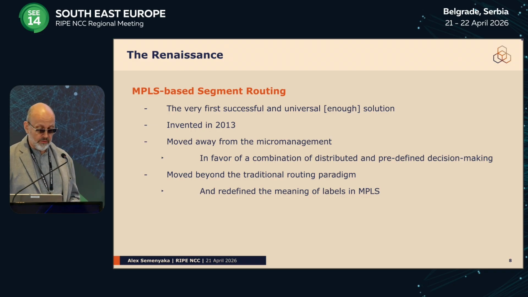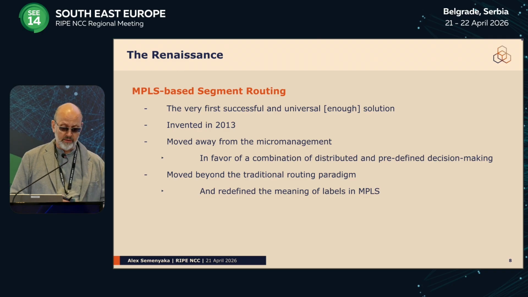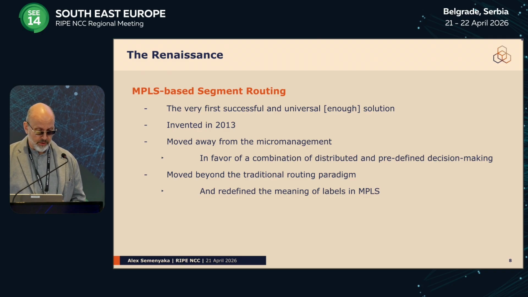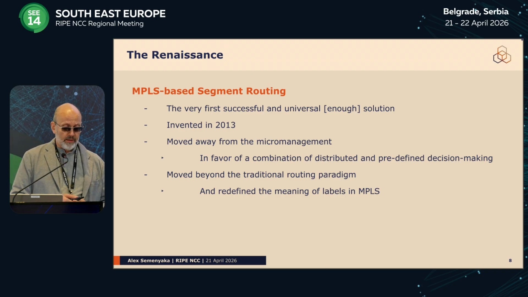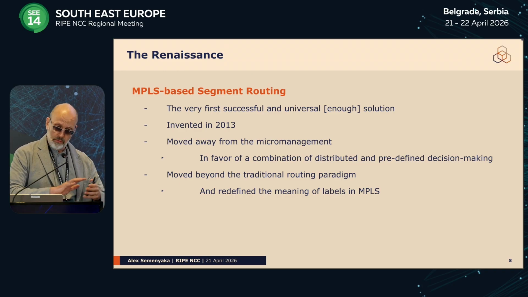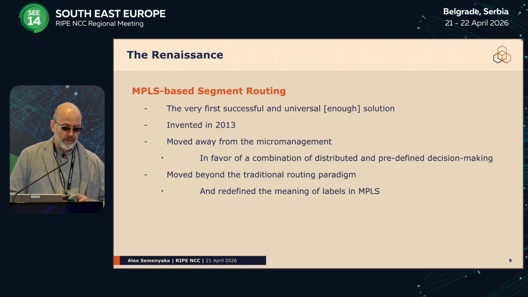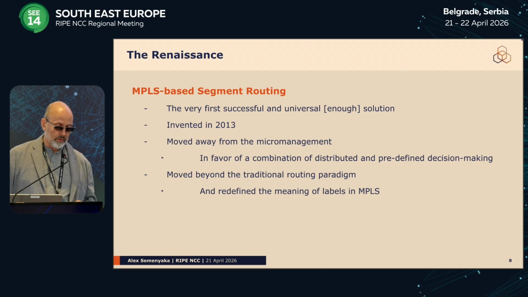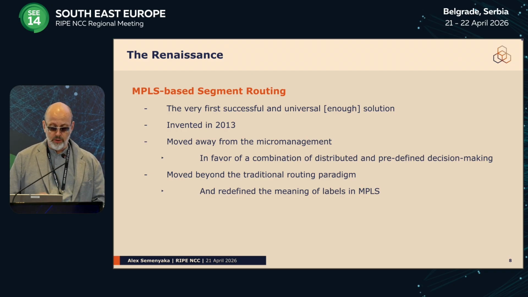It was successful enough because the authors decided to move away from the micromanagement approach. They didn't try to cover everything. They decided to combine the distributed approach and predefined decision making.